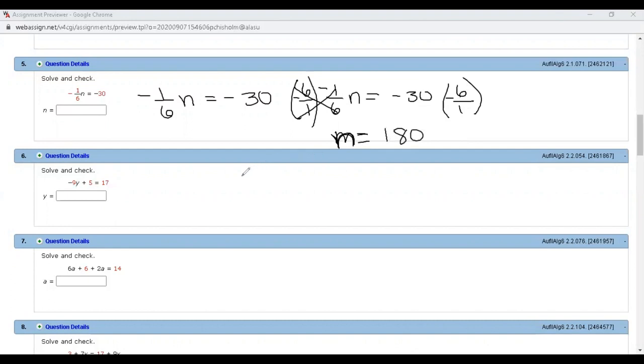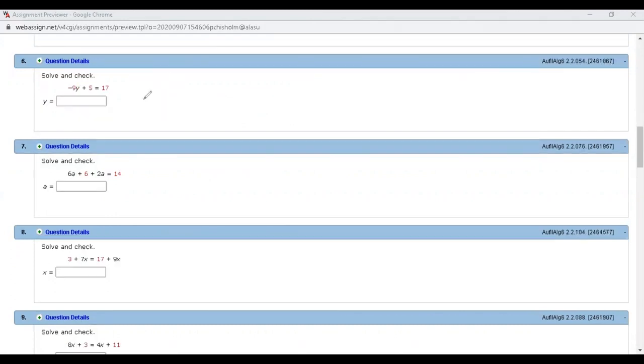All right, now let's look at number 6. For number 6, we are asked to solve and check. So let's work a couple of these. This one is negative 9y plus 5 equals 17. So here we subtract 5 on both sides.